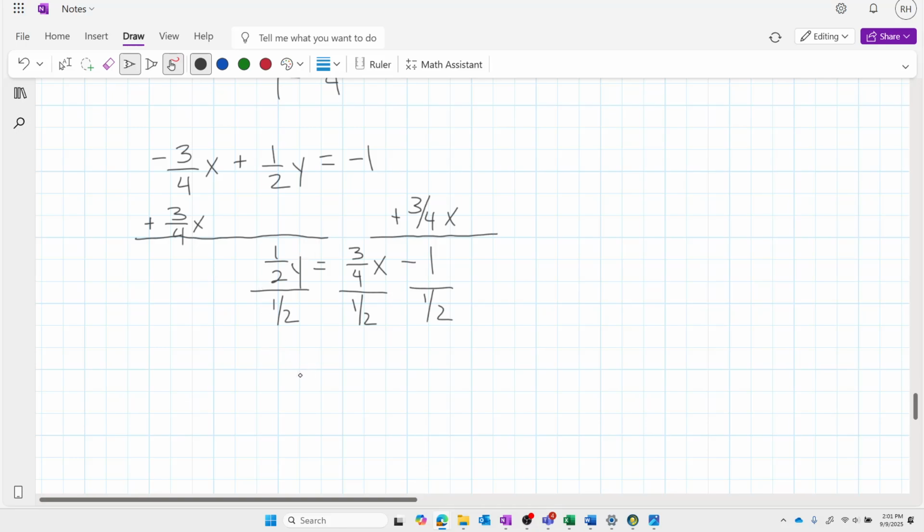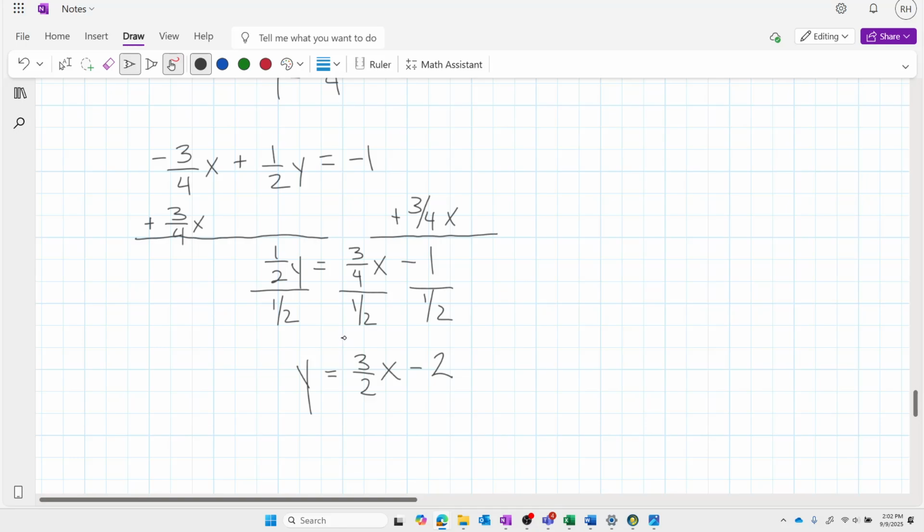All right, so the y falls down. And then just take your calculator and divide 3/4 by 1/2, which is 1 and 1/2, or 1.5, or 3/2, minus 1 divided by 1/2, which is 2.